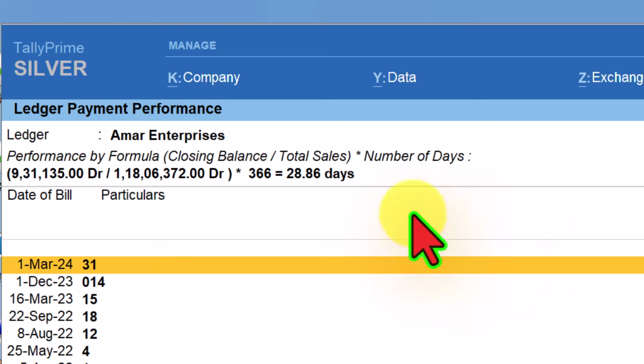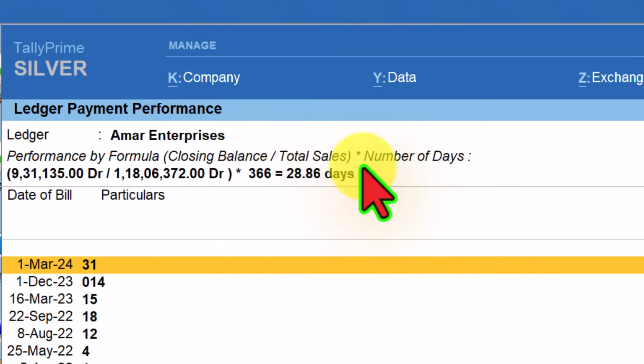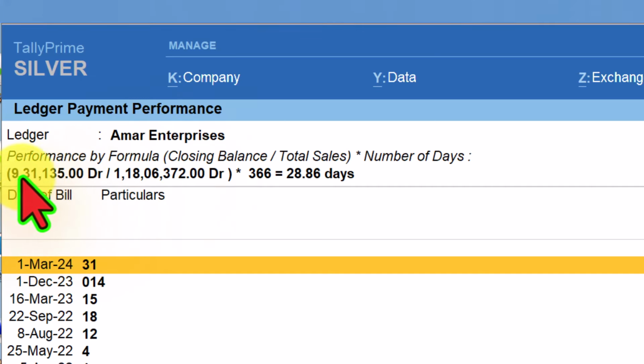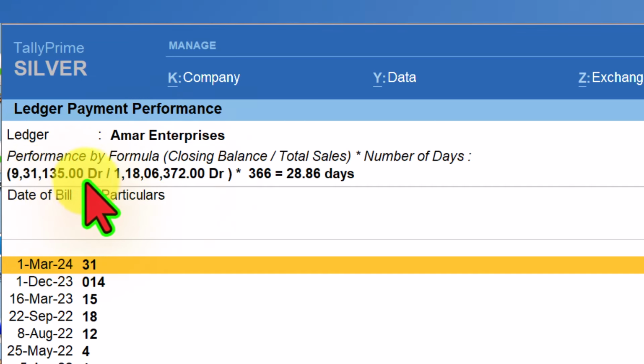Now this year is a leap year. You will also see here that the outstanding of Amar Enterprises is 9,31,135 divided by total sale multiplied by the number of days in the year. So this is how the number of days is calculated based on the receivable formula.